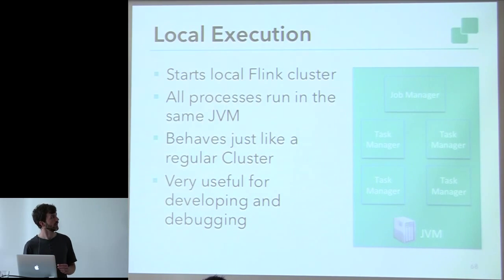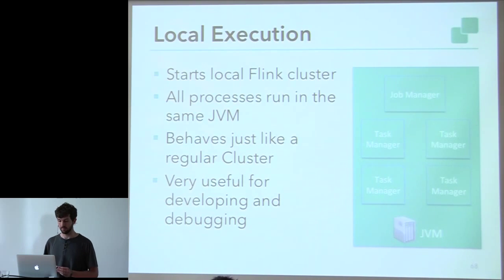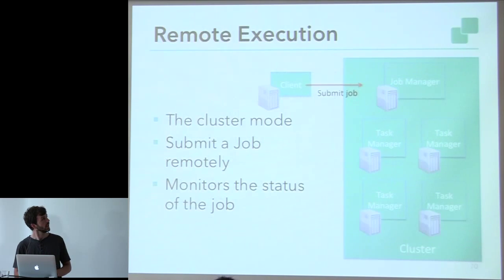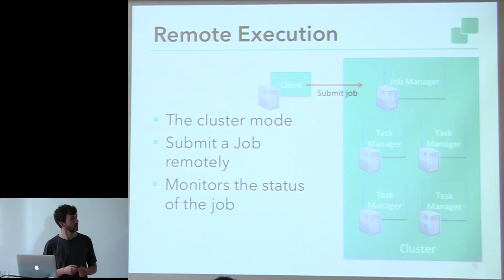Of course, it's not exactly like a real cluster, but pretty close. So if your program runs there, it's very likely it will also run in a distributed fashion. And we have, of course, the remote execution, where the client submits the job to a cluster and gets results back.